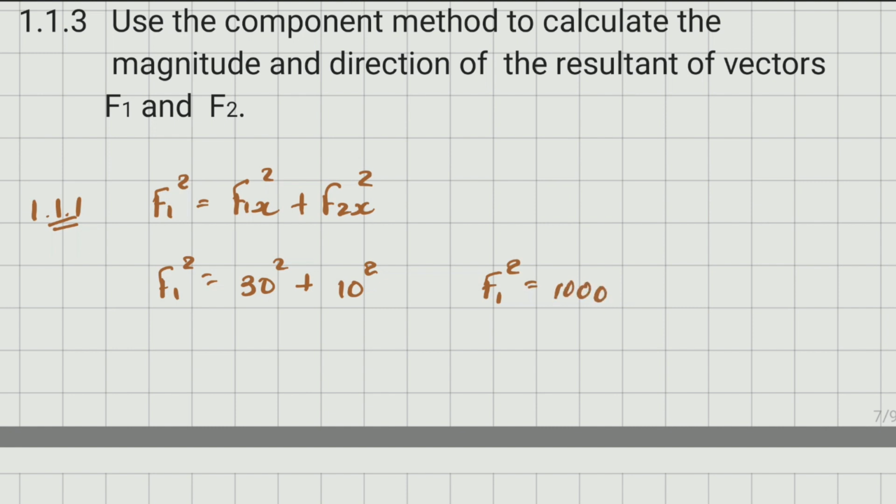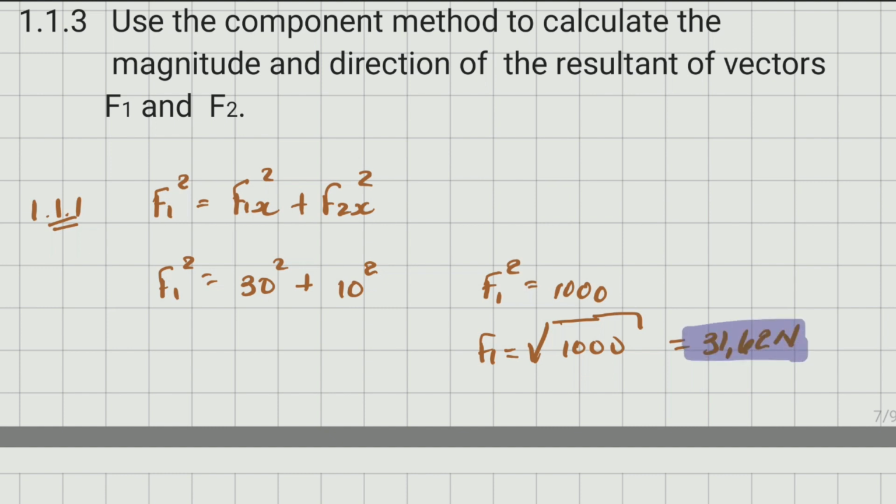But the answer is a square root, so you have to find the square root on both sides. So F1 will be equal to the square root of 1000, and the answer for F1 will be 31.62 newtons.